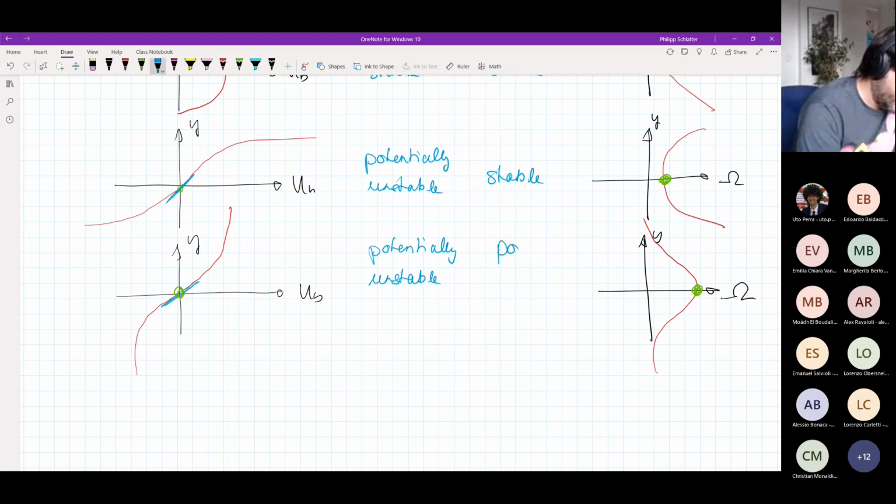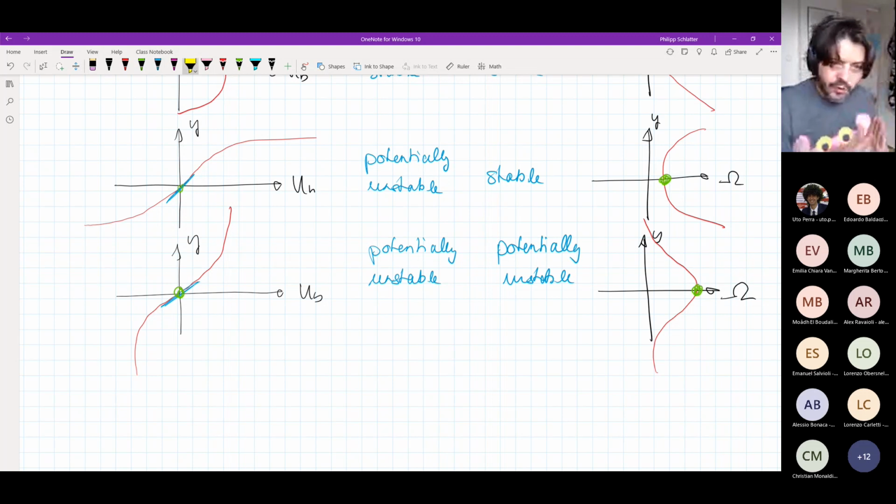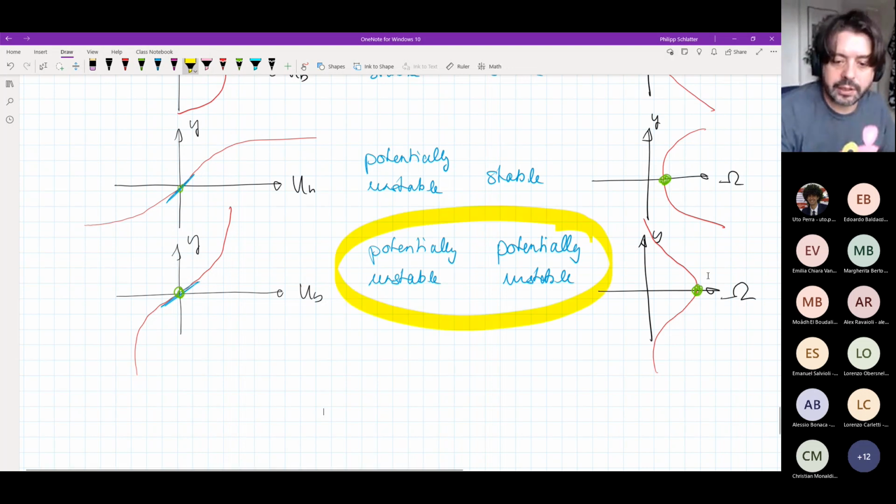That means that this is potentially unstable. So the third case, a profile that is kind of bent in that way, these are the profiles that are prone to an inviscid instability.